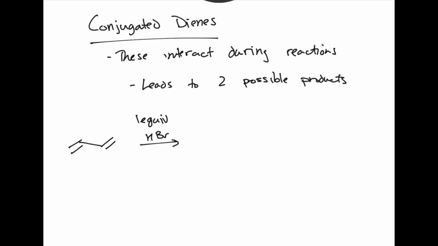The first product is the product that you kind of expect, right? Where you add the hydrogen to one side, bromine to the other, and you get your bromide. The other product you can get is where the hydrogen and the bromine are further apart.